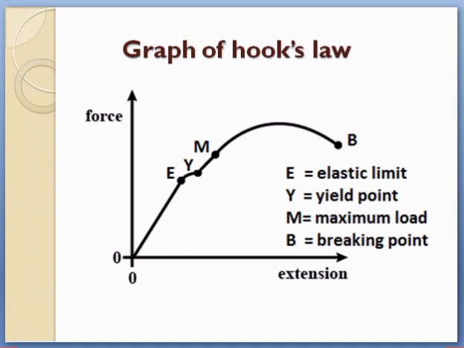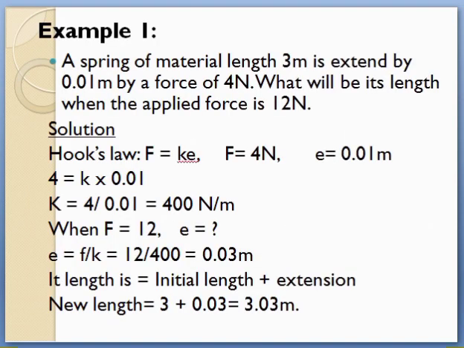The diagram you can observe on your screen is the graph of Hooke's law, where E is the elastic limit, Y is the yield point, M is the maximum load, and B is the breaking point. Now let's take a look at a good example on Hooke's law.